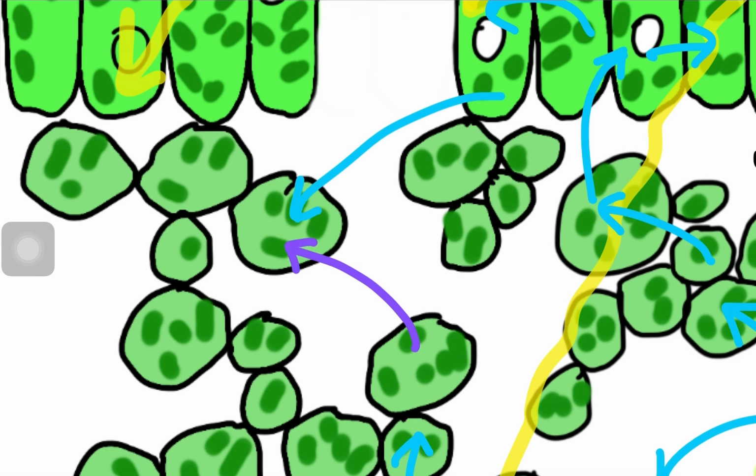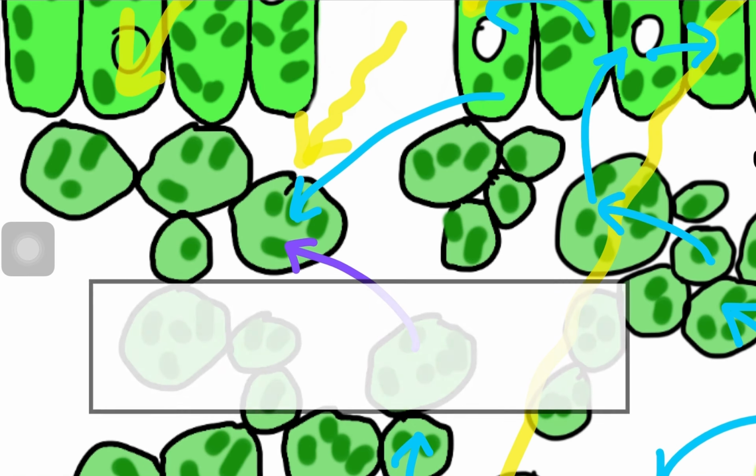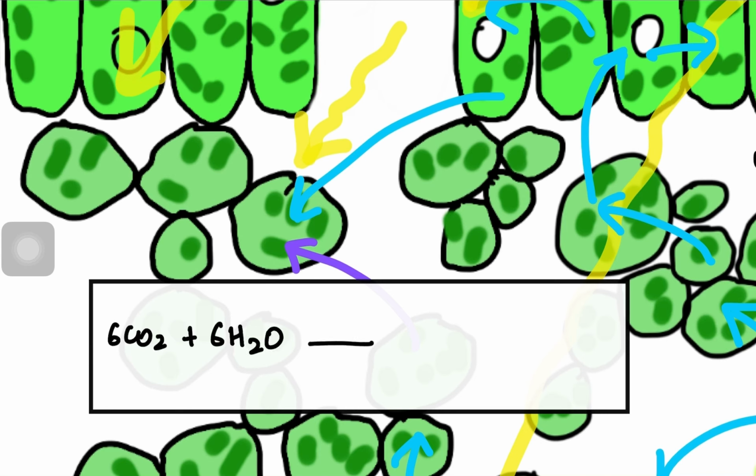Let me magnify this cell and you can see that a single cell gets light, water and carbon dioxide, and through the presence of chlorophyll inside the chloroplast, 6 moles of carbon dioxide combine with 6 moles of water to give you a glucose molecule and 6 moles of oxygen.